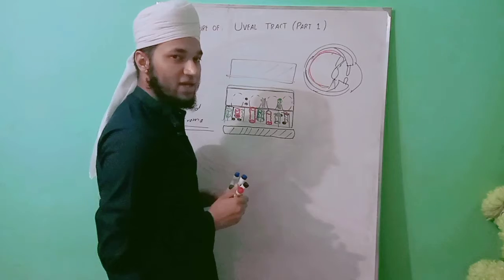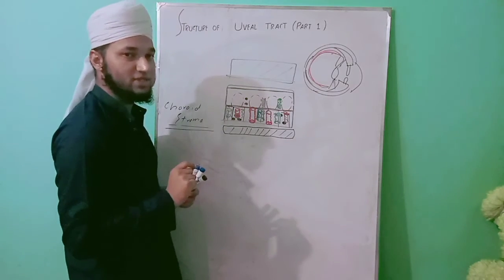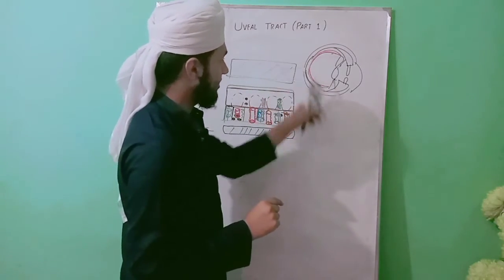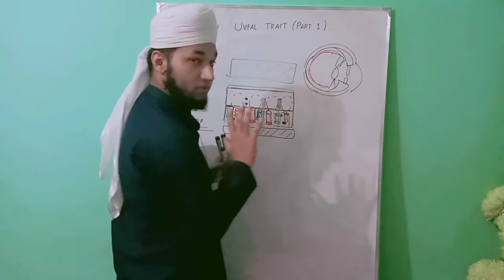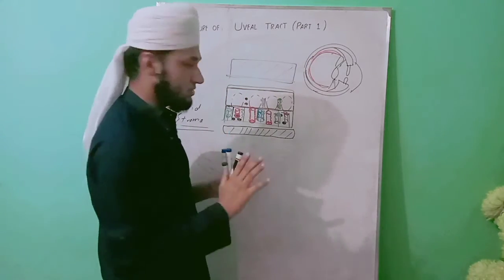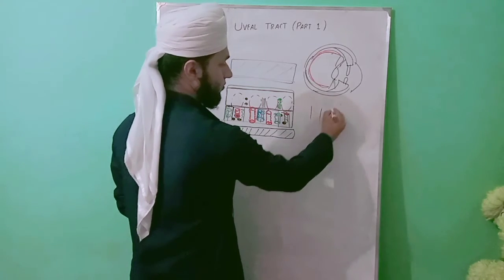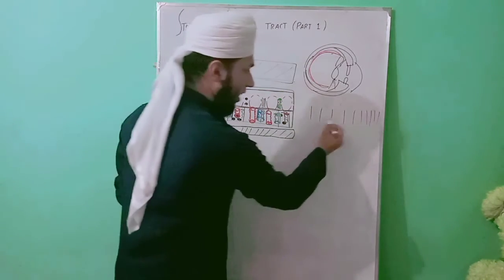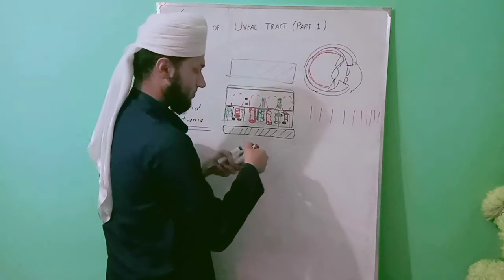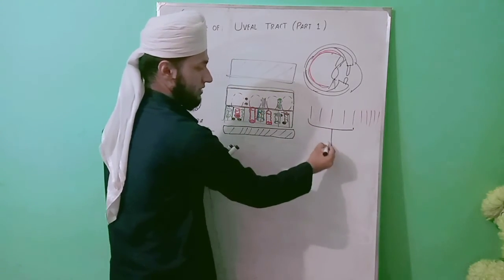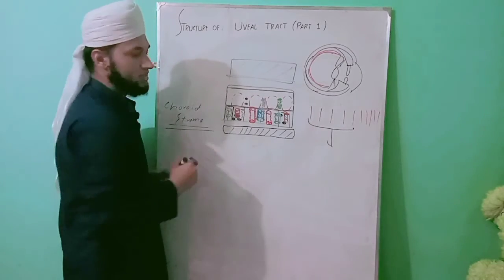This retina has 10 layers on histological section. We will discuss those layers in detail in the lecture on retina. Right now, just believe that retina has 10 layers on histological section. 1, 2, 3, 4, 5, 6, 7, 8, 9, 10. Out of these 10 layers, the outer 5 layers get nutrition from these fenestrated capillaries.